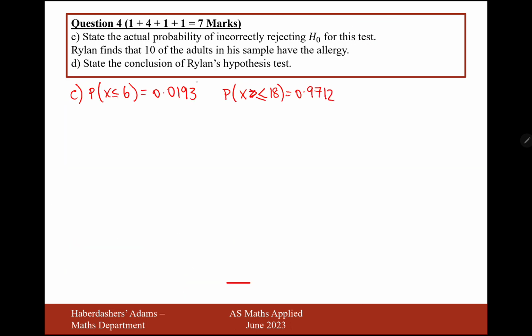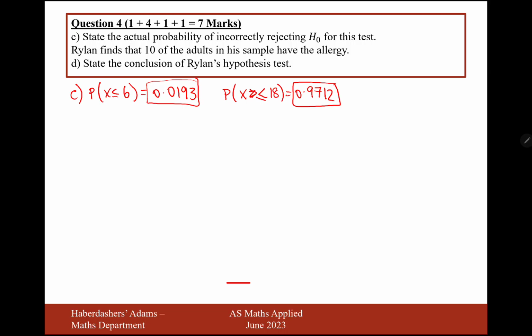This is the probability that 6 or fewer people have the allergy, and this is the probability that 18 or fewer people have the allergy.